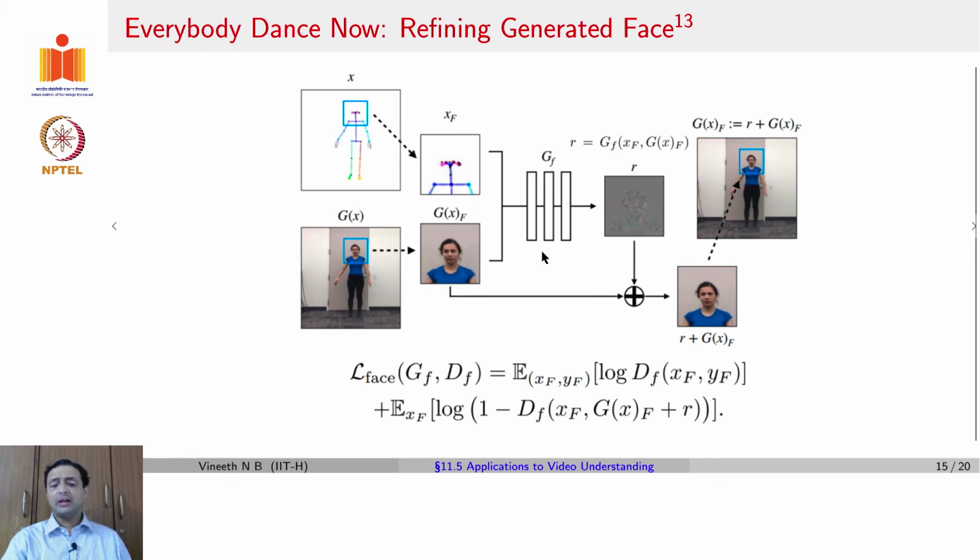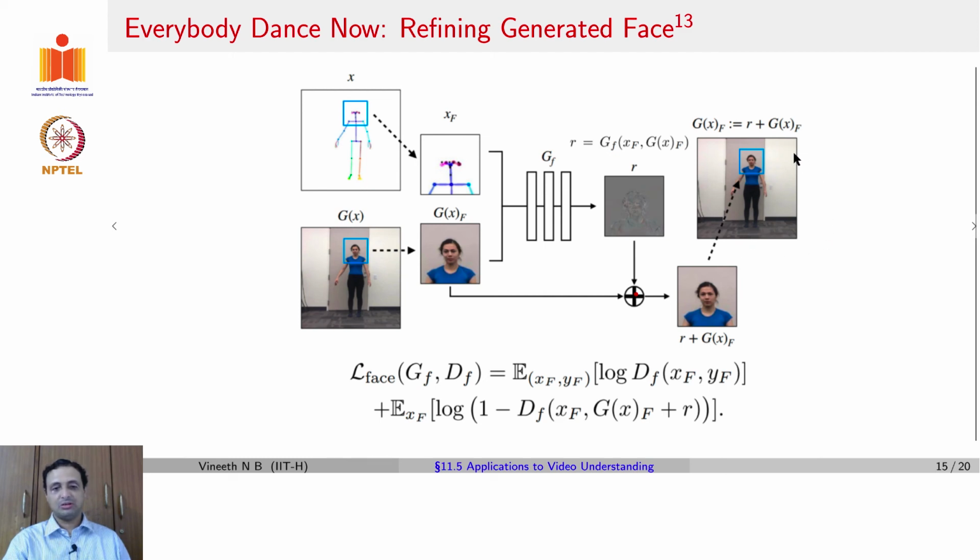These two are given to a new generator module which outputs a residual that needs to be added to the original face to add more detail. This residual is then added to the original generated face to give the final outcome, which is then transposed onto the final generation.